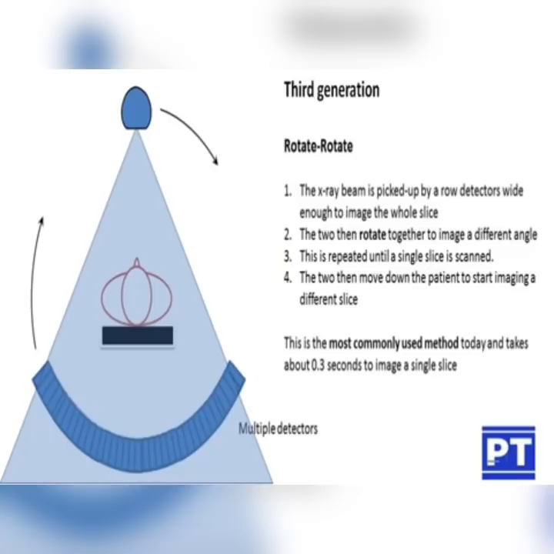The peculiarity of this third generation CT is that when we set up the patient on the couch, the X-ray tube and the detectors move clockwise as well as anti-clockwise. For example, if we are imaging a CT brain, the area of interest is from the vertex up to the base of the skull.